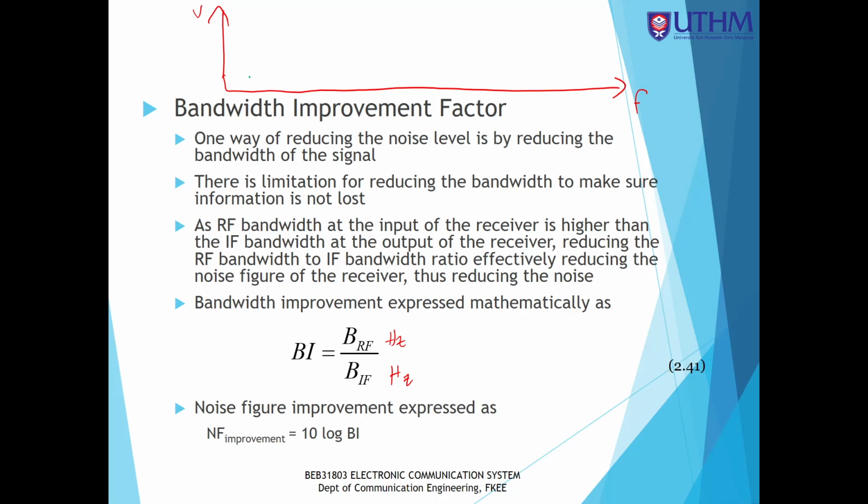If you remember, initially we have the input message modulating signal frequency, and when we do the modulation process, we are translating the frequency into a higher frequency, which is FC, with FC plus FM and FC minus FM.